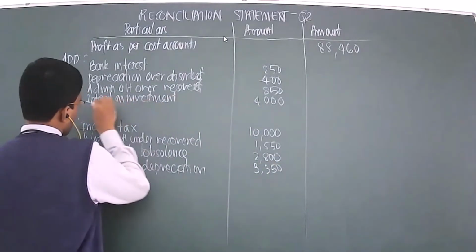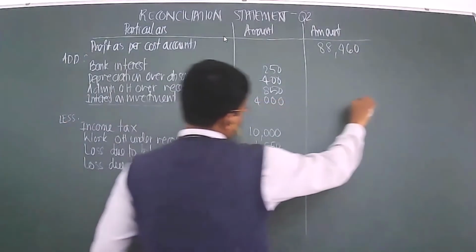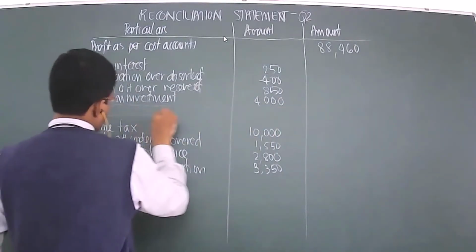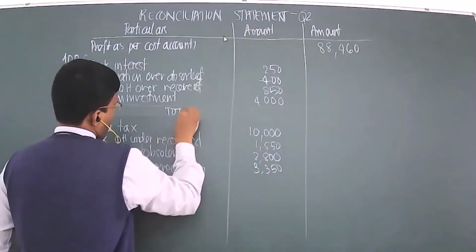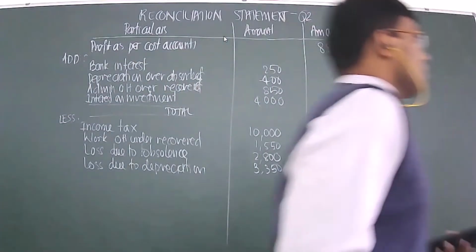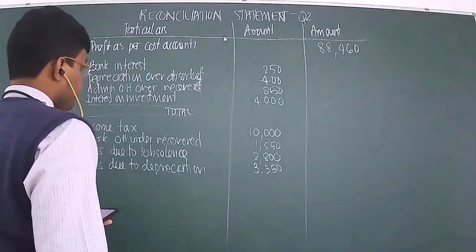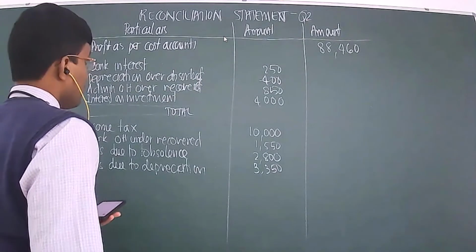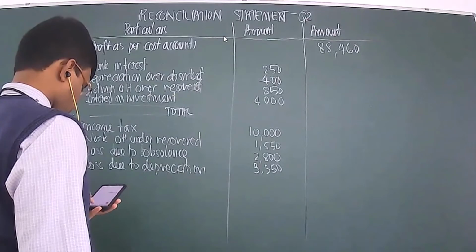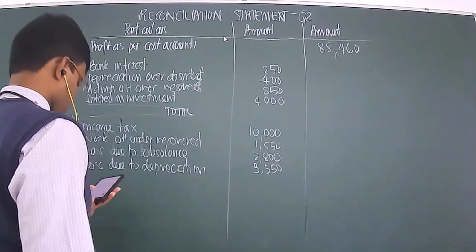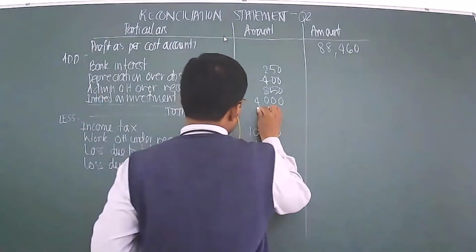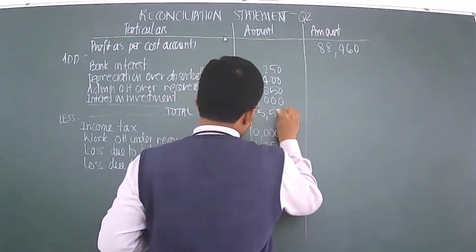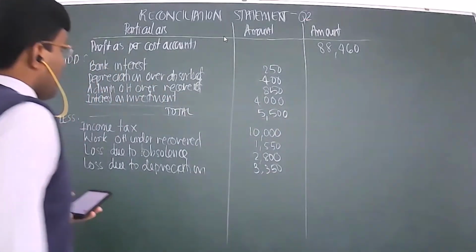Now let's work out the subtotals. The additions are 250 plus 400 plus 850 plus 4,000, which is 5,500.